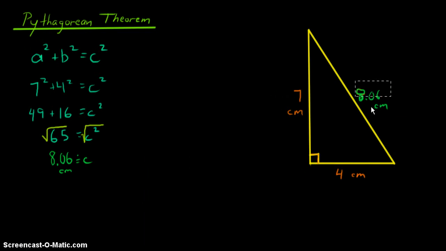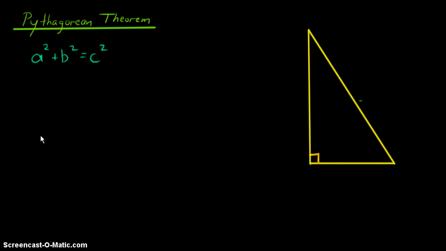Now I just want to try one or two more because sometimes it can be slightly more complicated than this. Okay, so we're going to keep the same triangle, but we're going to change some of the measurements. So let's say we know the long side, and it is 125 kilometers, and this here would be, let's say, 60 kilometers.